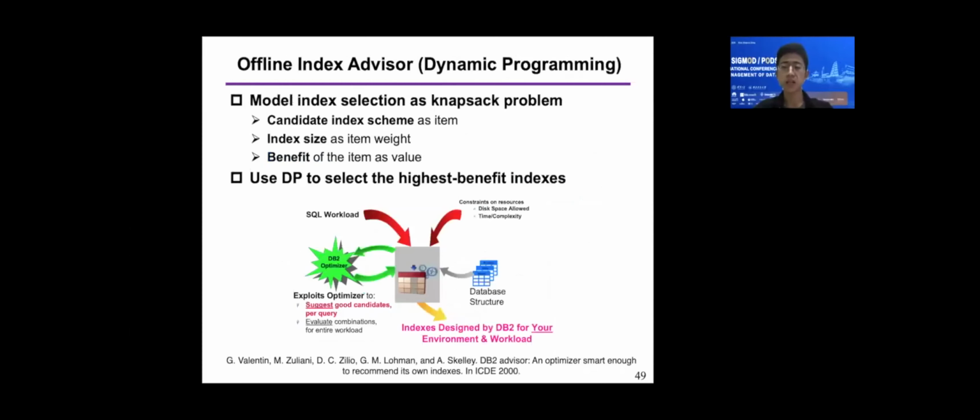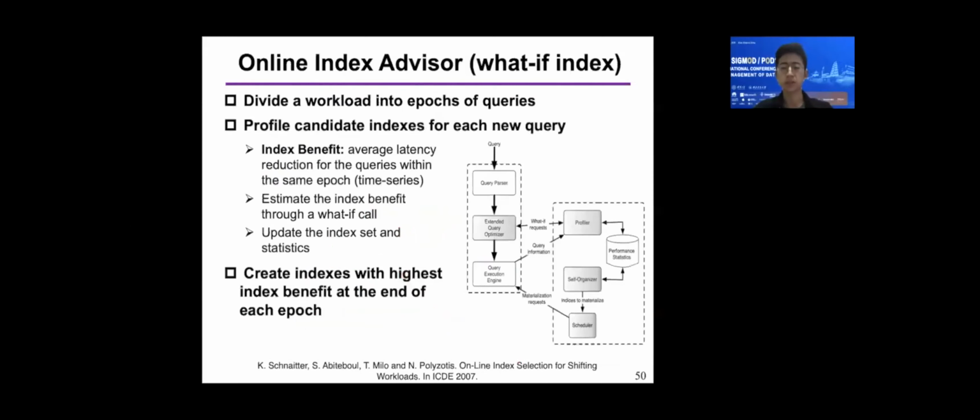Another similar method models the index selection as a knapsack problem and uses dynamic programming to select the highest benefit index combinations.